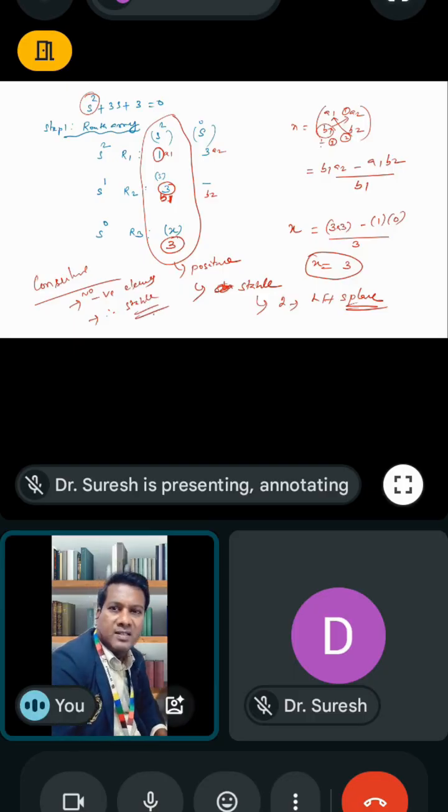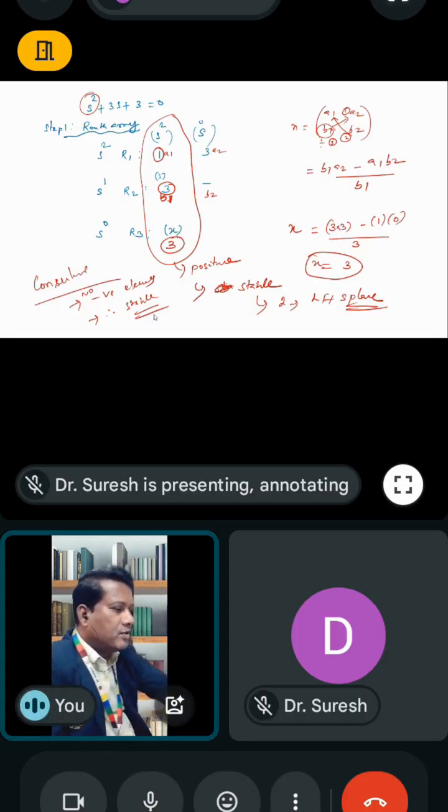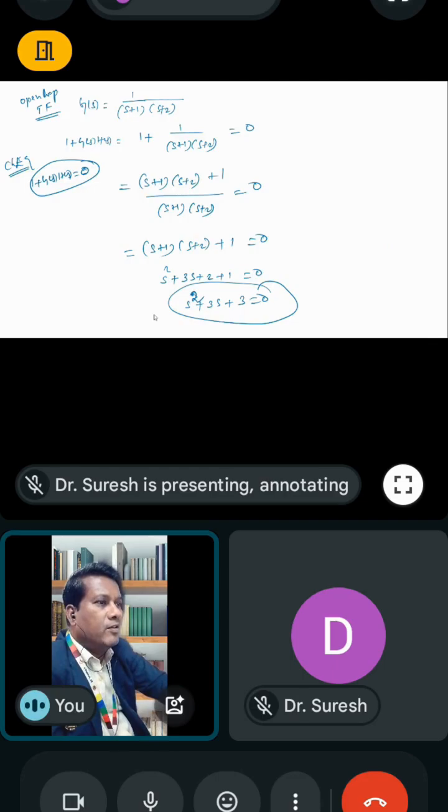This is a very simple procedure to find the stability of a closed loop system using the Routh array. Actually, in this problem, the given transfer function is open loop.